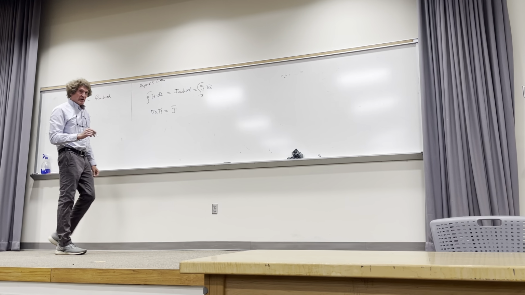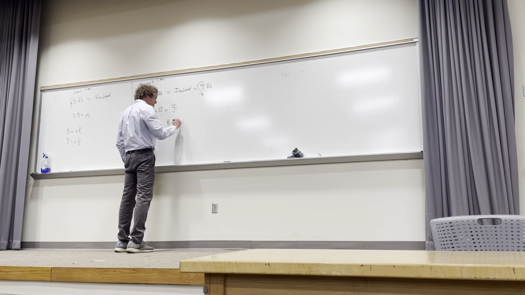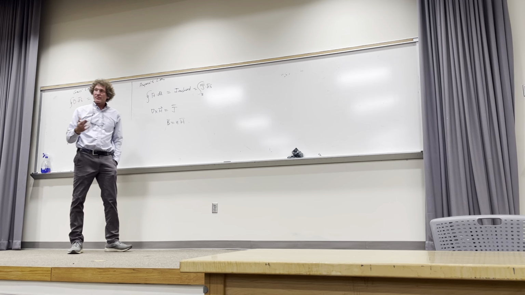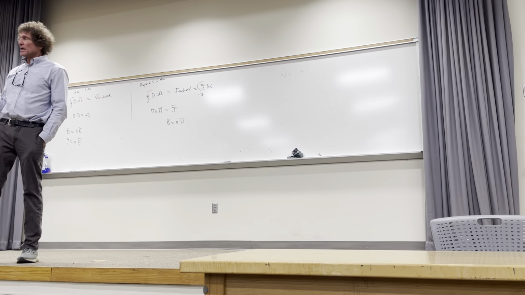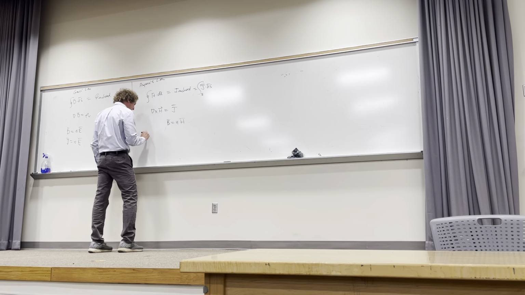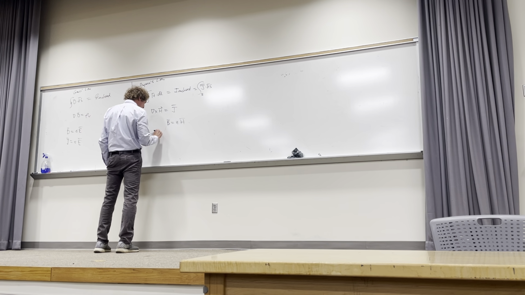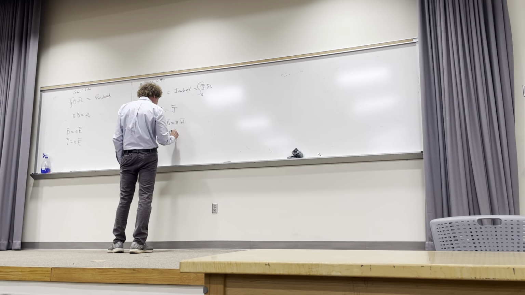Well, over here, we're going to find that B is equal to mu H. Now, how many have seen that before in physics? B is mu H. Everybody should have if you've had physics. Mu is called permeability. The units are actually henries per meter.